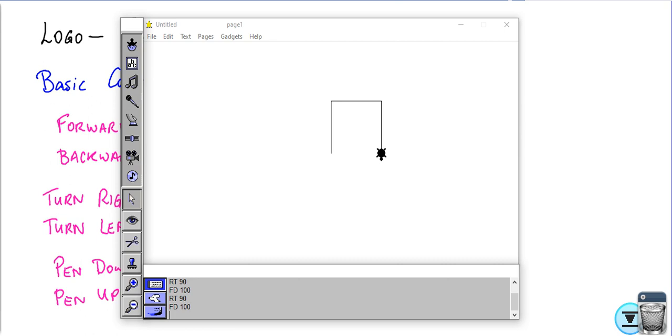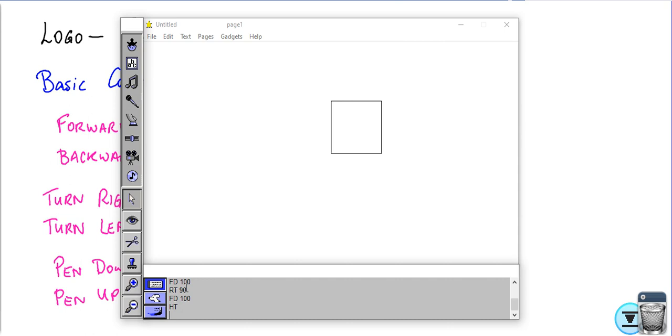It's going to turn clockwise, so it's to the right also. So it's right 90, and forward 100. As you can see now, the turtle has gone back to its original position. If I hide the turtle, you can see that it has now drawn a square.